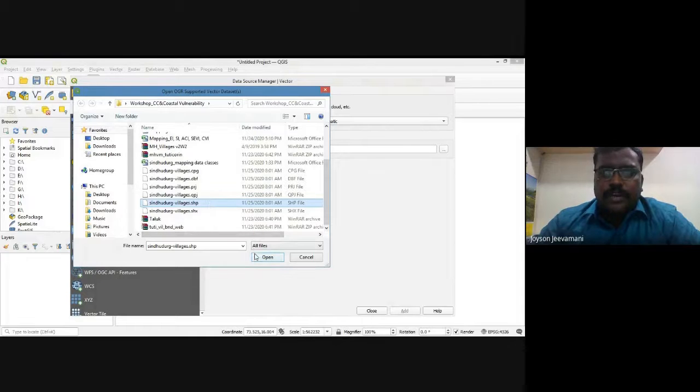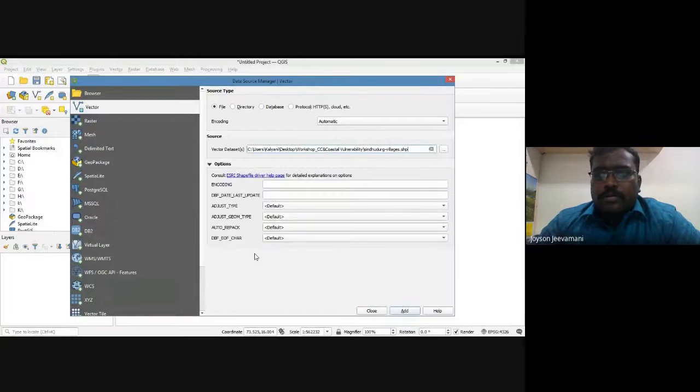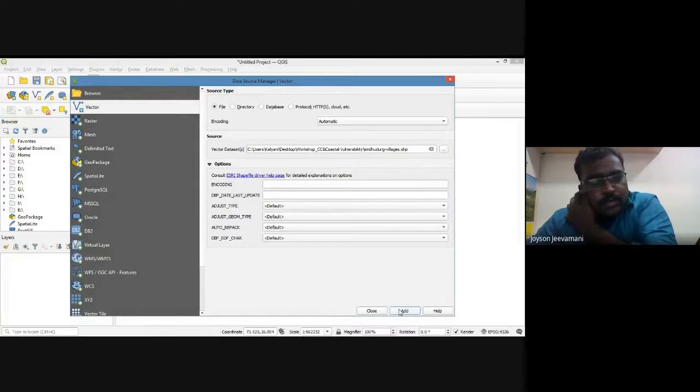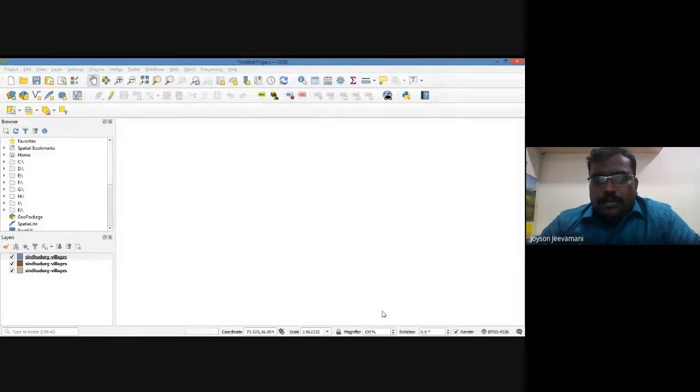We click it and give Open, and it will open, and we have to add it. One minute, it's loading. I think it's added three times.